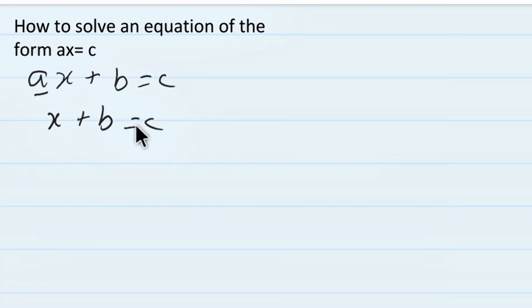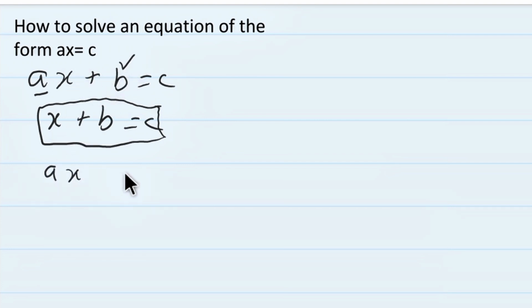Now we will learn what happens if b is equal to 0, an equation of the form ax is equal to c, that is ax plus 0 is equal to c, or we can write ax is equal to c.